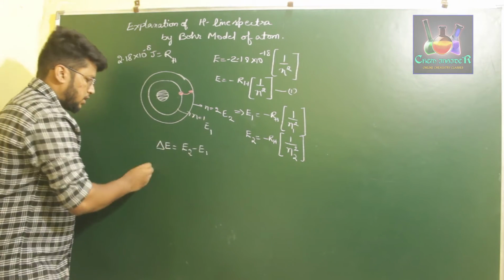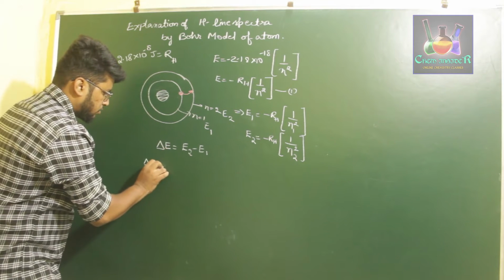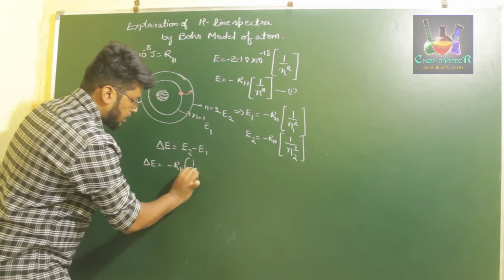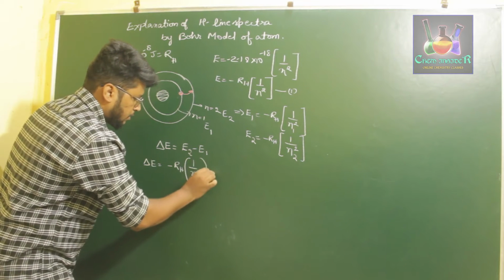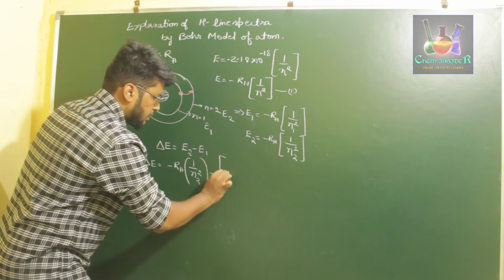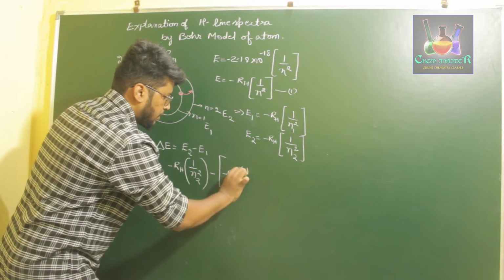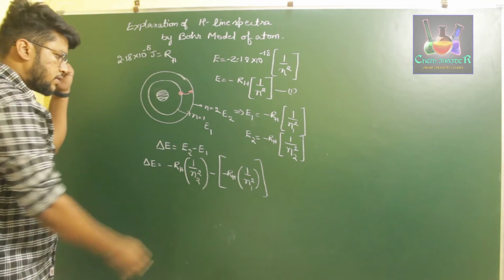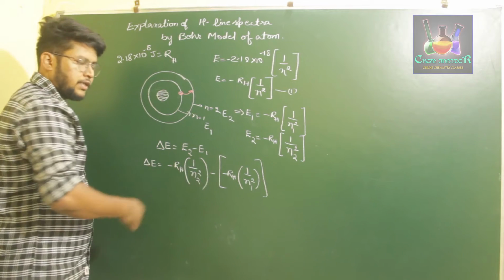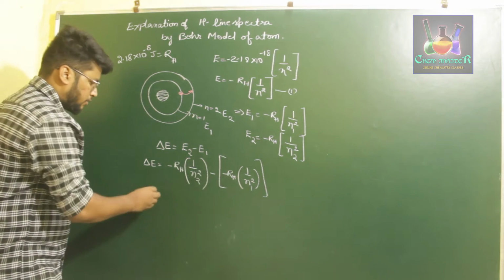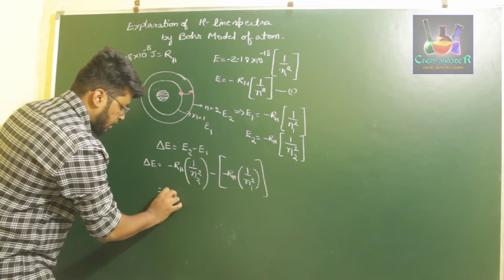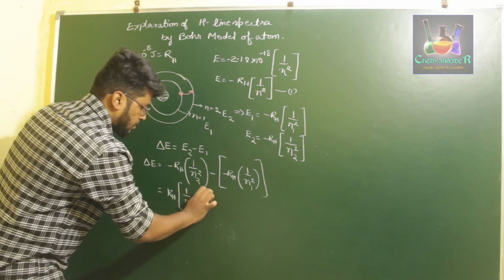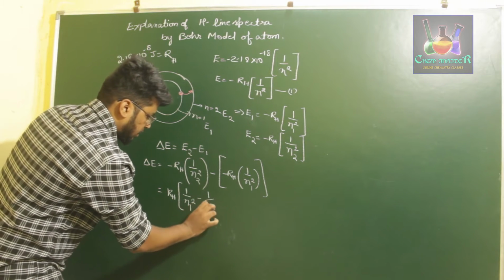Substitute E2 minus E1 here. Delta E is equal to minus RH into 1 by n2 square, minus of minus RH into 1 by n1 square. On simplifying, minus of minus gets plus, so we put that in front, and taking RH as common for both, we get delta E is equal to RH into 1 by n1 square minus 1 by n2 square.